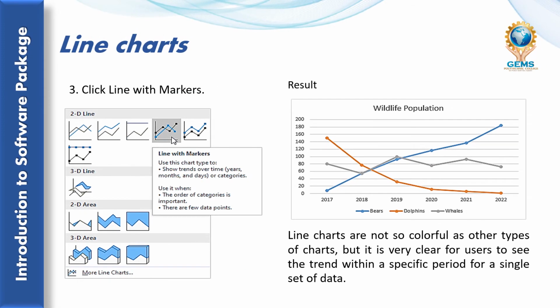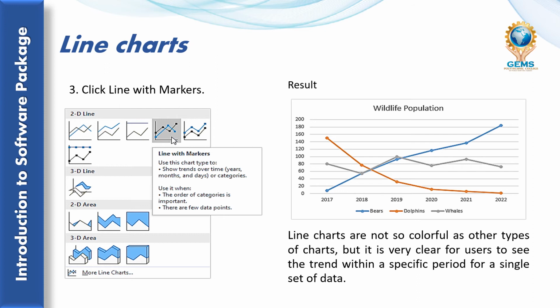So after selecting the line symbol, there are different chart types that all show the trends over time or show categories. You can use this line chart when the order is important, and if there are a few data points.